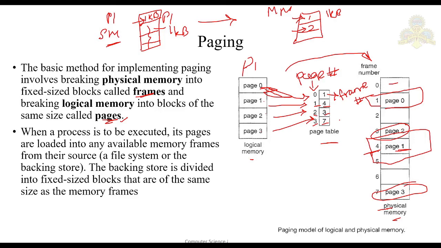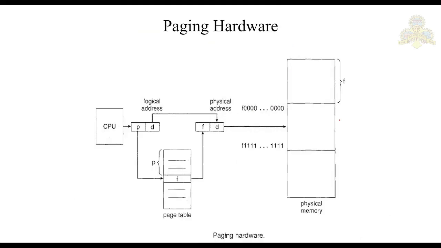Now let us see the paging hardware. Basically the addresses that are generated by your CPU are divided into two parts. Here you can see in this diagram, the CPU generates the logical address that would be divided into two parts.